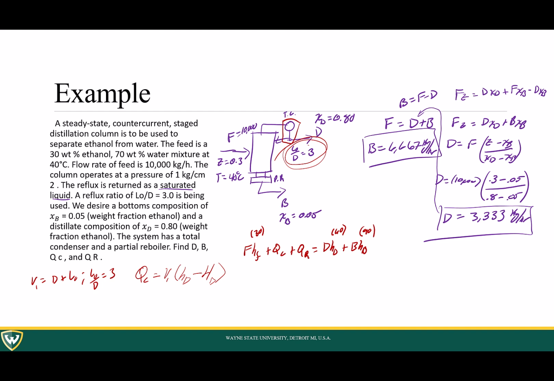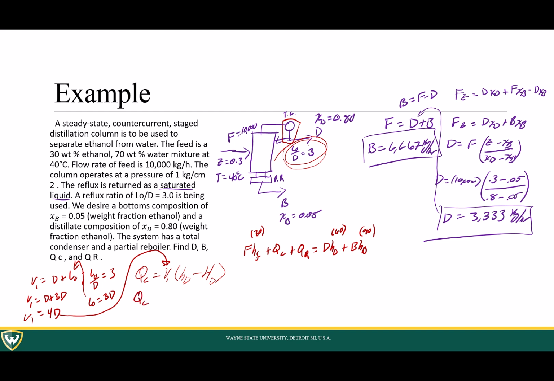Since we know D already from our work over here, we can just solve in terms. So L naught is equal to 3D. Plugging that back in, V1 is just equal to D plus 3D, which is equal to 4 times our distillate flow rate. Okay, that's our V1. We can take that, plug it into here.